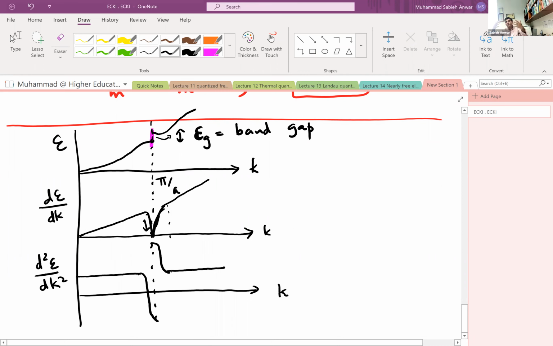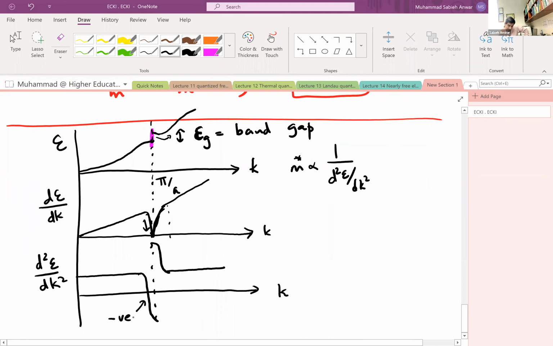So there is a discontinuity in the slope of the dispersion relationship graph. Okay. And we know that this mass m star is inversely proportional to d square E over dk square. And you observe two things. If this quantity were negative, the effective mass could also become negative.